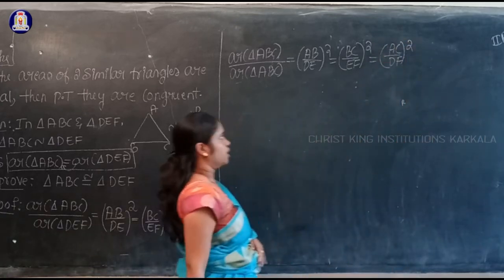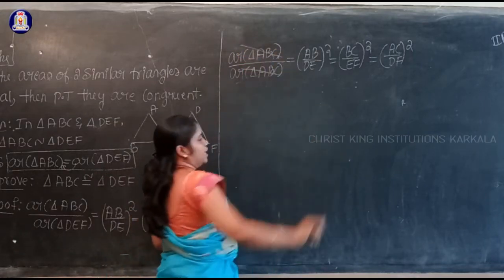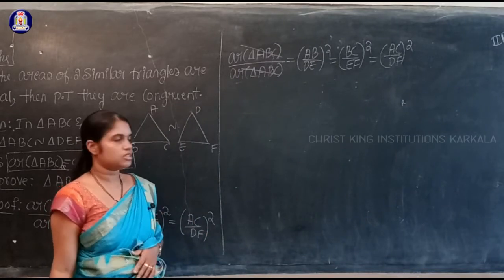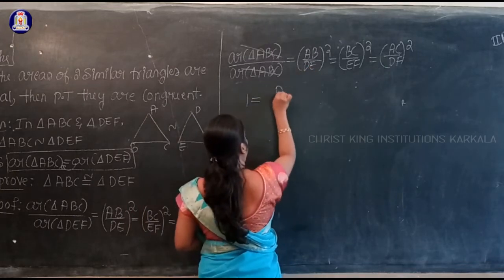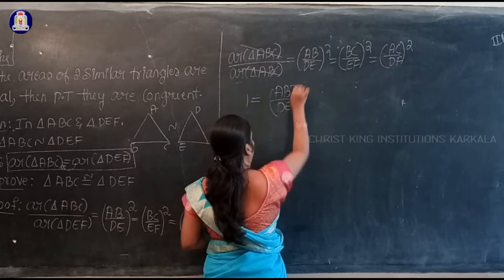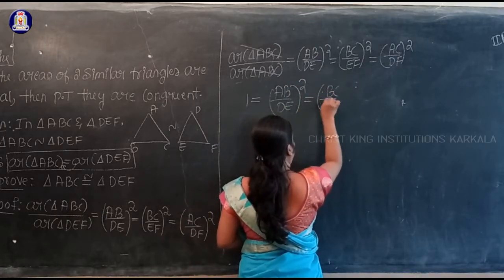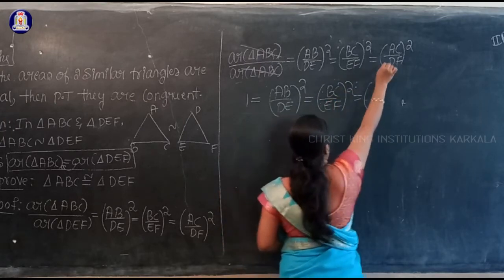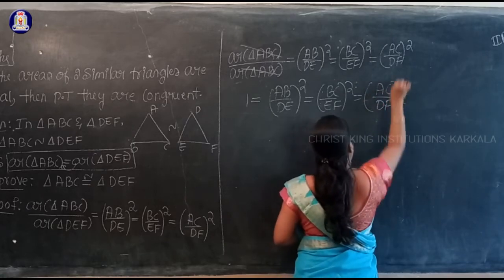Now can I cancel area of triangle ABC and area of triangle ABC? Yes, it will get cancelled. So I will get 1 equal to (AB by DE) whole square equal to (BC by EF) whole square equal to (AC by DF) whole square.